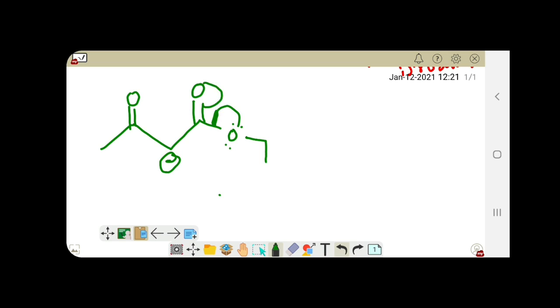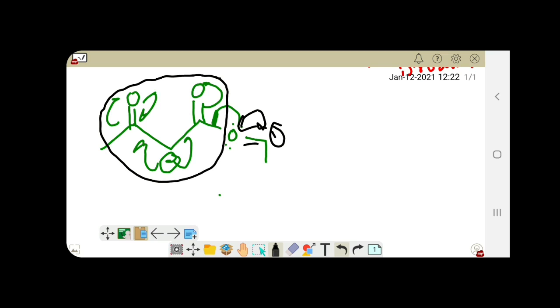As you can see, the resonance takes place like this, and from here the electrons can move. There is a wide amount of cross resonance taking place here, so the resonance is quite extended. But if we abstract the acidic hydrogen from the other side of the oxygen here, the resonance is very limited. Only one position of resonance takes place there, so it's not favorable in this case. This resonance is what we want, and we are going to proceed with this.